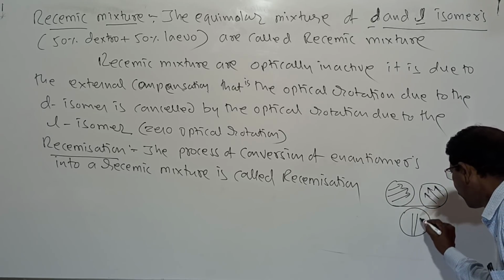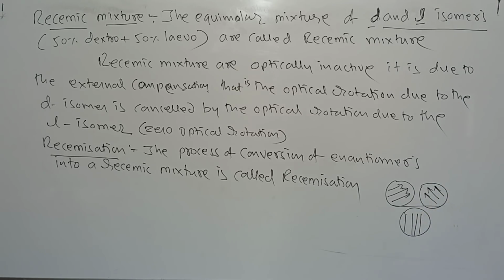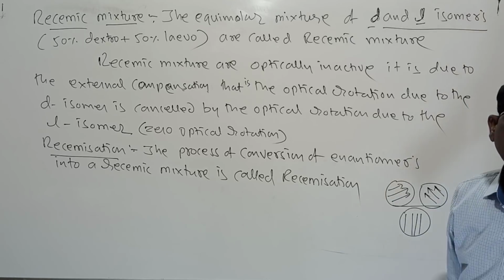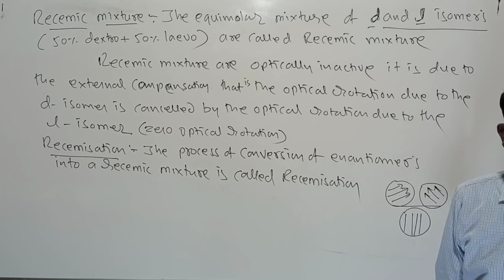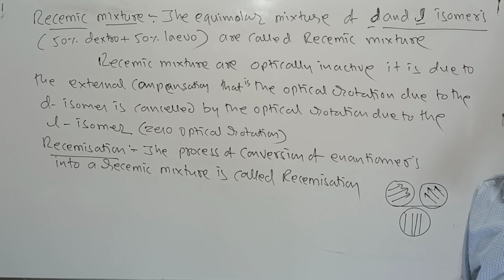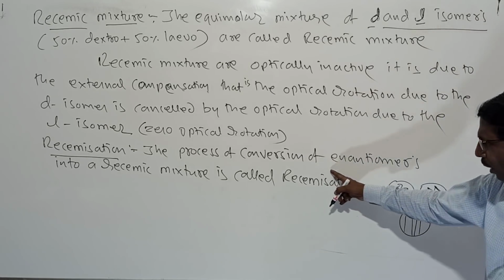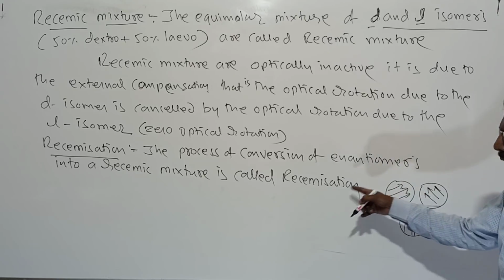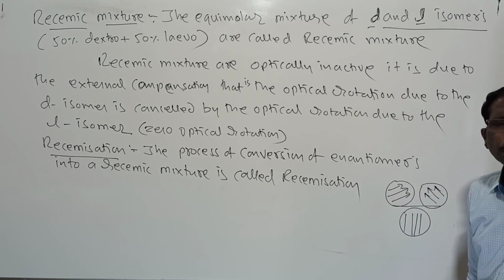So this is called the racemic mixture. It does not show any rotation. The rotation of one isomer is cancelled by the rotation of the other isomer. The process of conversion of enantiomers into a racemic mixture is called racemization.